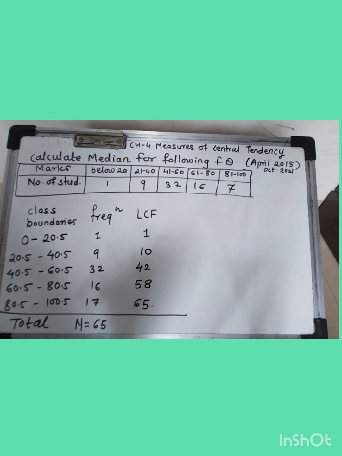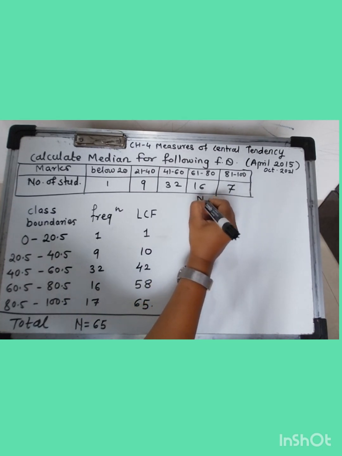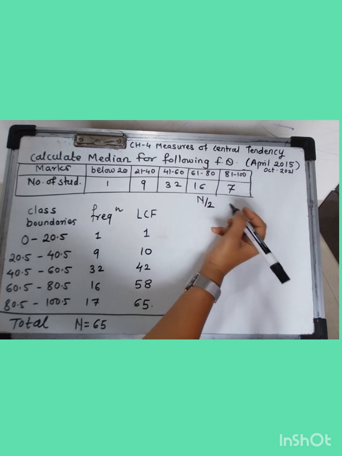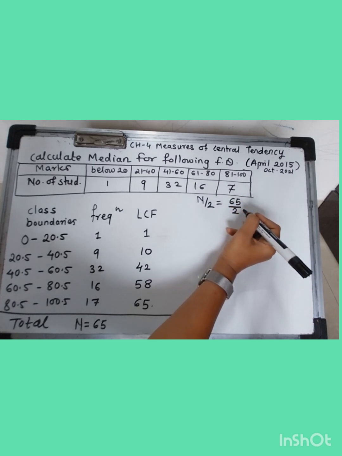Okay, now step 3. What is the step 3? Step 3 is locate the median class, where the median class is the class in which median. Okay, see, median means what? N by 2. See how to find it: N is 65, N by 2 means 65 upon 2.